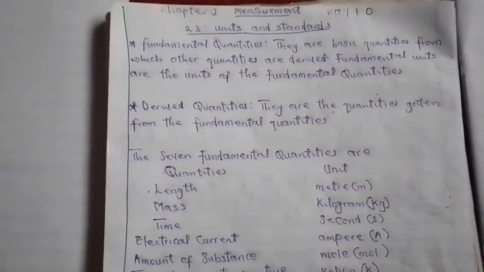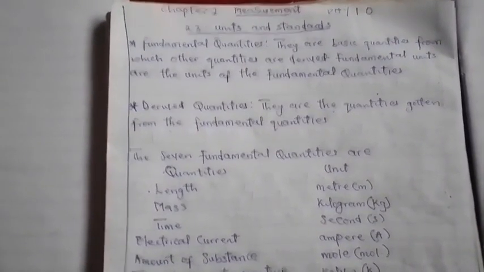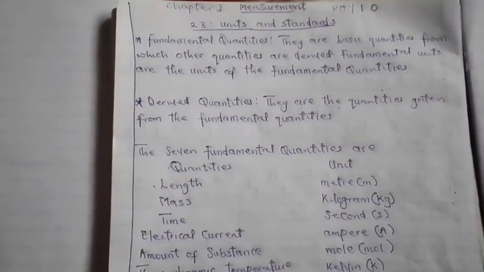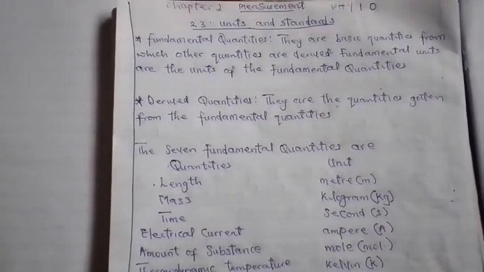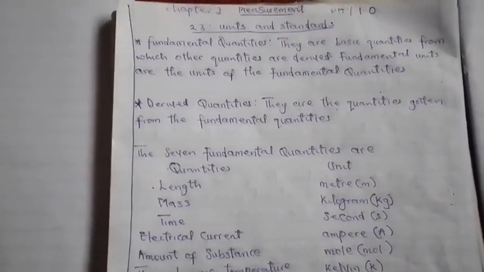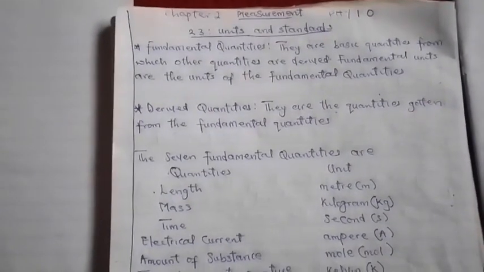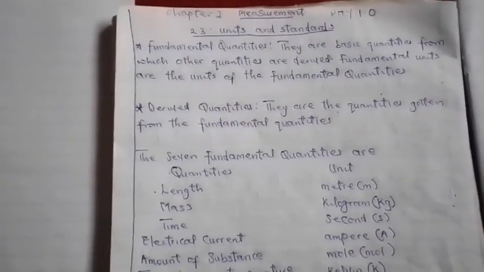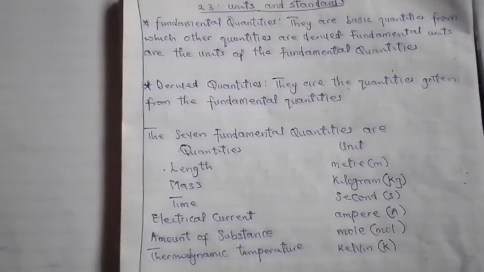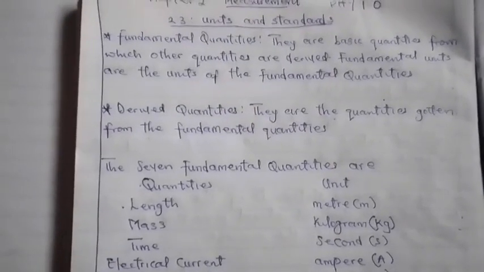Here we want to talk about, we are still on measurements 2.3, units and standards. So we talk about fundamental quantities, derived quantities, and units and standards generally. So when we say fundamental quantities, what are fundamental quantities?